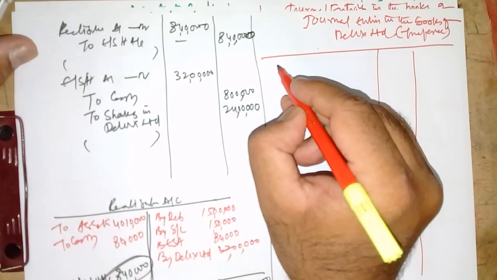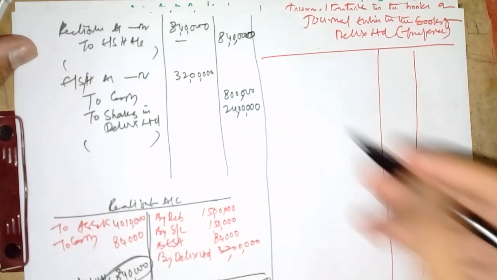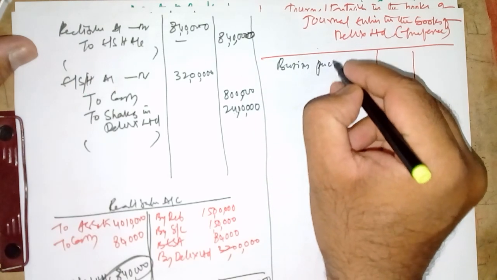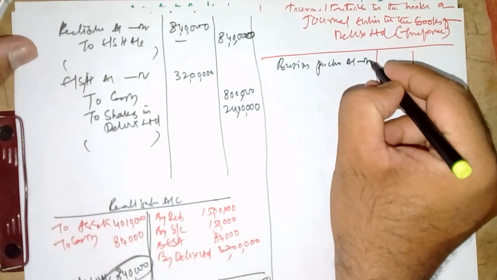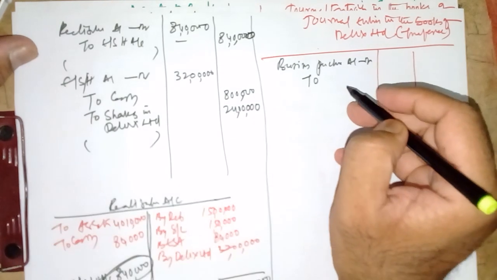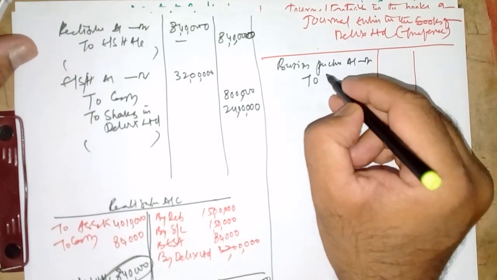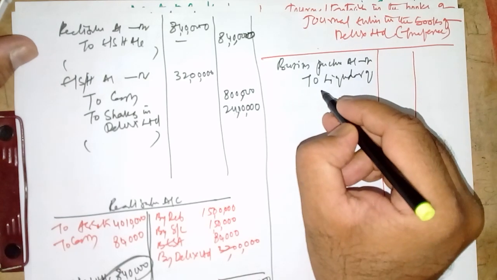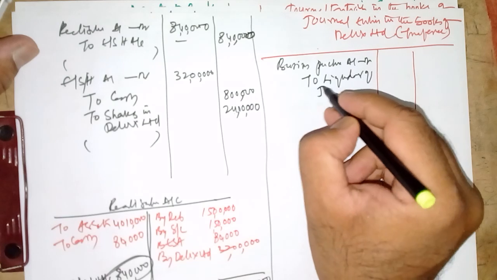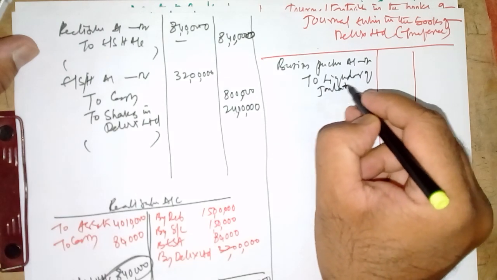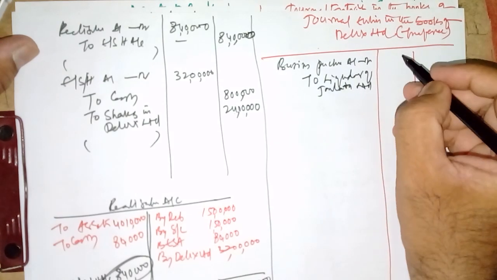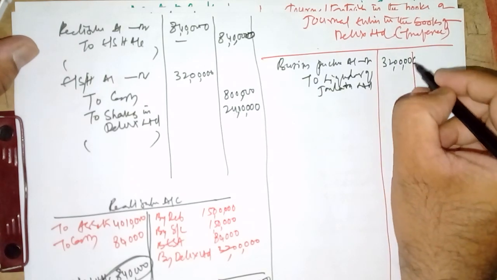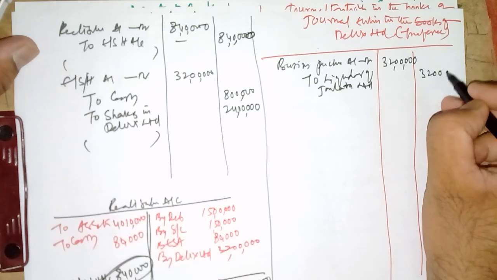First entry: business purchase account debit to liquidator. Liquidator of which company? Janta company. How much is the total? 32 lakhs is the PC. So 32 lakhs.